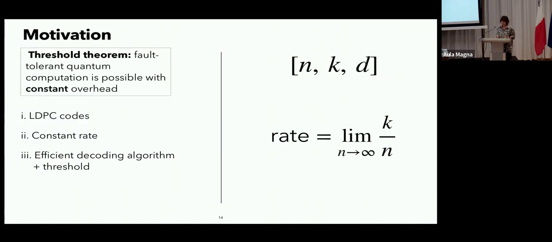This is what a good code is. So you have the maximum efficiency, right? Because you only pay a constant factor to encode your qubits, and your distance is as good as it can be, because you cannot have more than that.